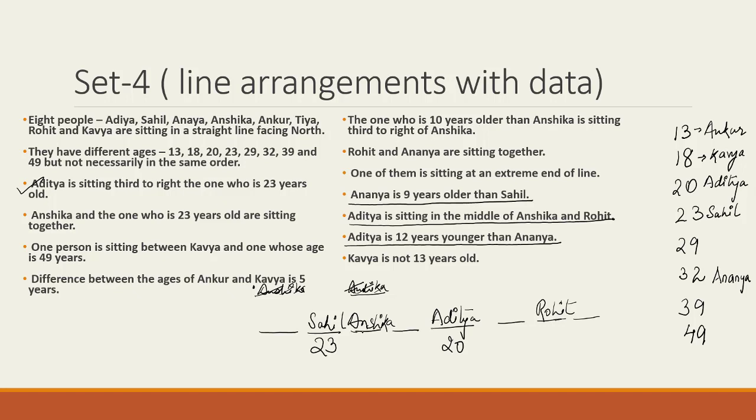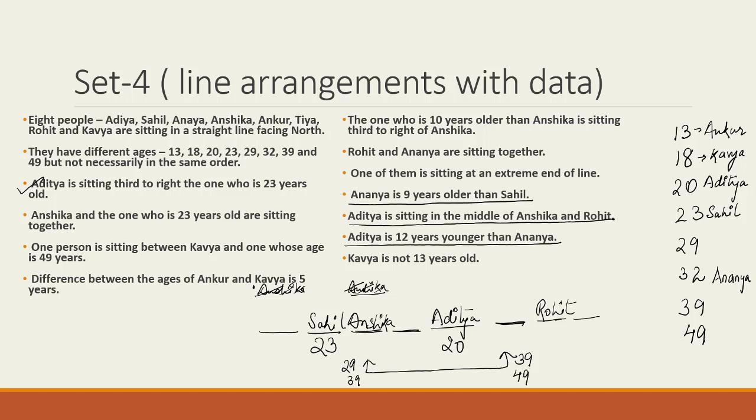If Anshika is here, third to the right of hers is this position, and this person is 10 years older than Anshika. Now that leaves us with two possibilities. If Anshika is 29, then this person is 39, or if Anshika is 39, then this person is 49.